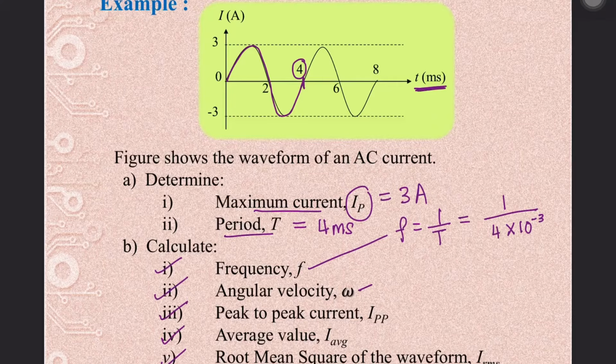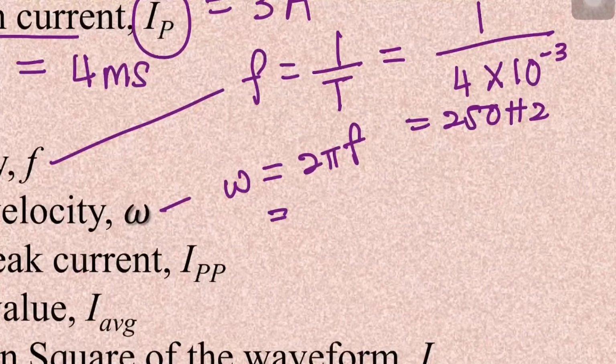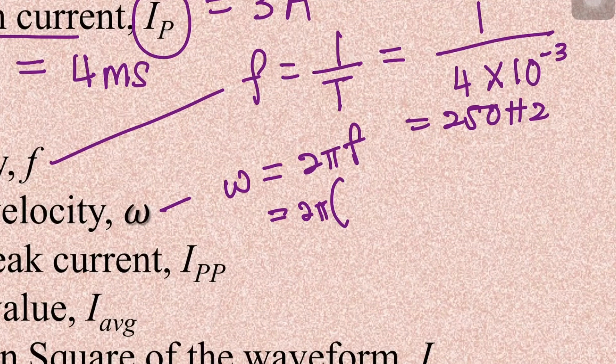Angular velocity, formula dia berapa? Formula dia apa? Omega equals to is either you use 2 pi f ataupun 2 pi over T. So, formula dekat sini jawapan dia awak akan dapat. Yang ni 250 Hz. So, 2 pi f ini boleh letaklah 2 pi 250. Masuk kalkulator.